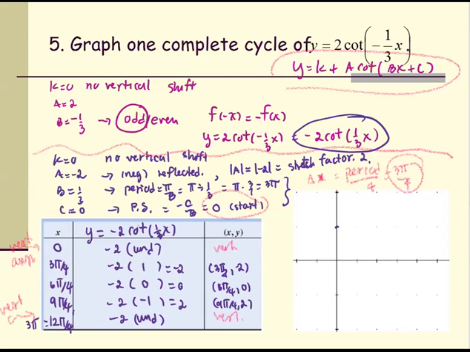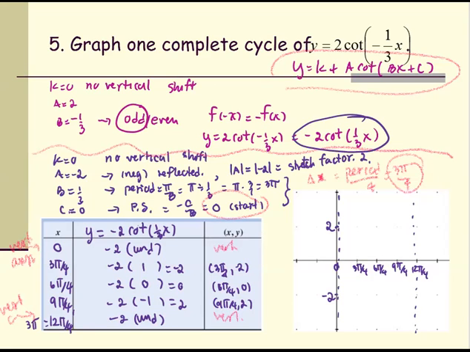We're going to do the increment here. That's 2, -2 starting at 0, and then 3 pi over 4, 6 pi over 4, 9 pi over 4, and 12 pi over 4. Vertical asymptote occurs at 0 and 12 pi over 4 or 3 pi.